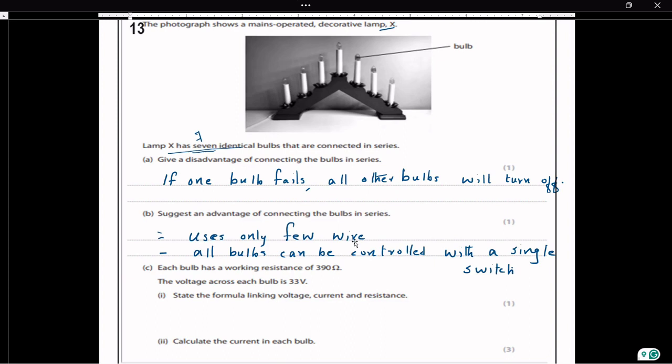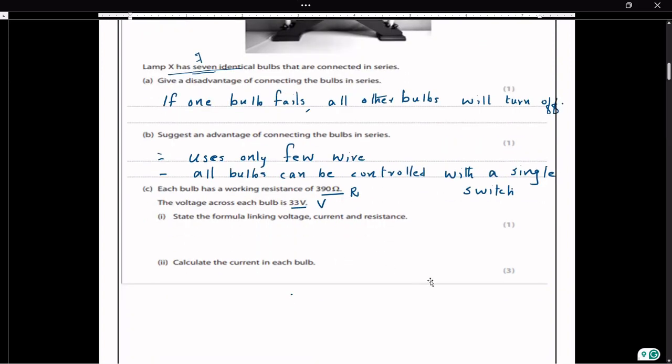Now the next part of the question: each bulb has a working resistance of 390 ohms, and each one has a voltage of 33. The question is, state the formula linking voltage, current and resistance. This is what Ohm's law says. According to Ohm's law, voltage is the product of current and resistance.